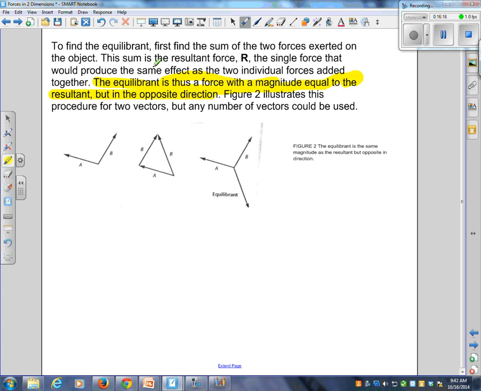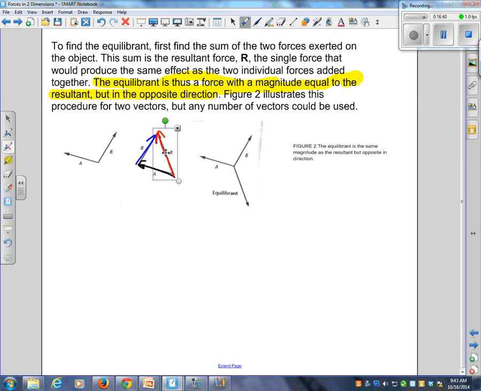Figure 2 illustrates this procedure for two vectors, but any number of vectors could be used. So here we have A and B. We're going to add them, A plus B, tip to tail. This is my resultant.